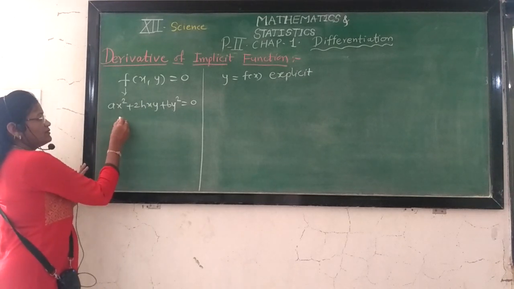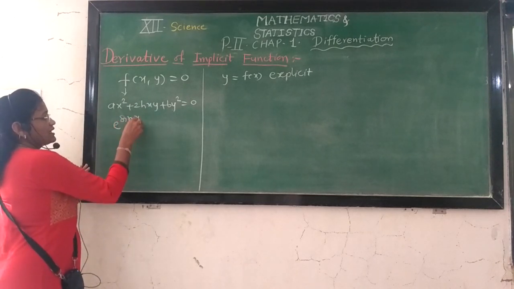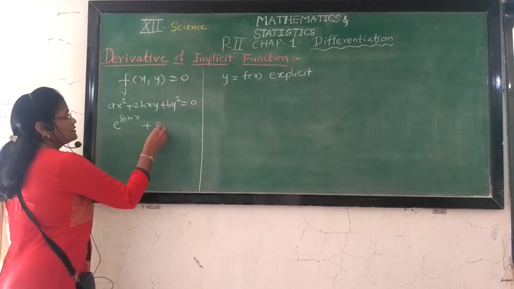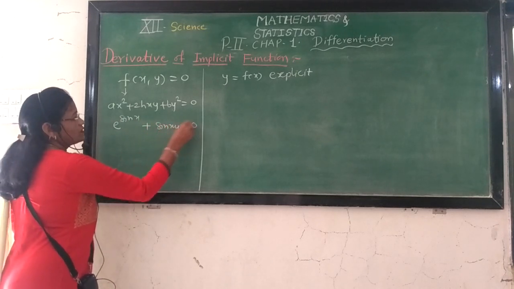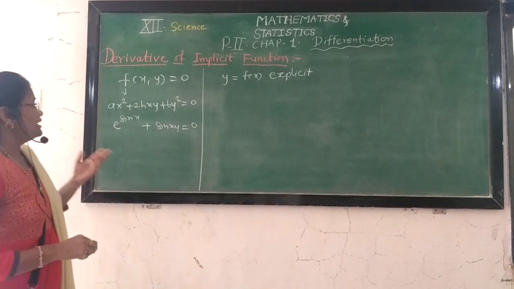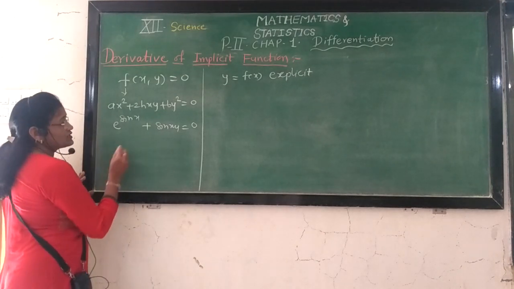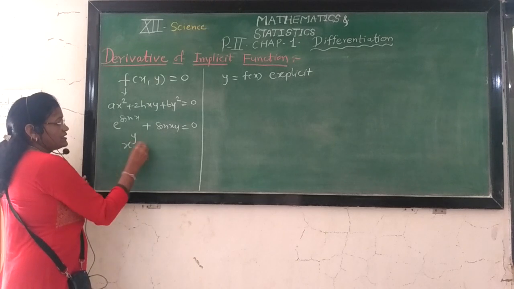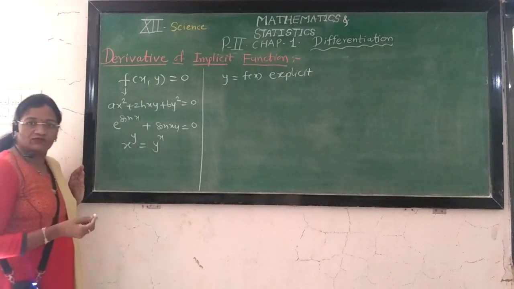Sometimes the function will be of the type e raised to sin x plus sin of xy equal to 0. Again this type of function is called an implicit function. Or x raised to y equal to y raised to x.